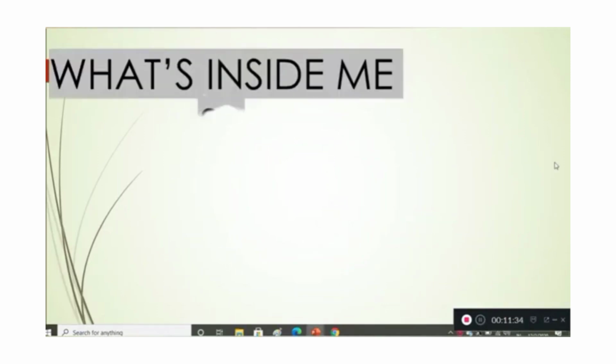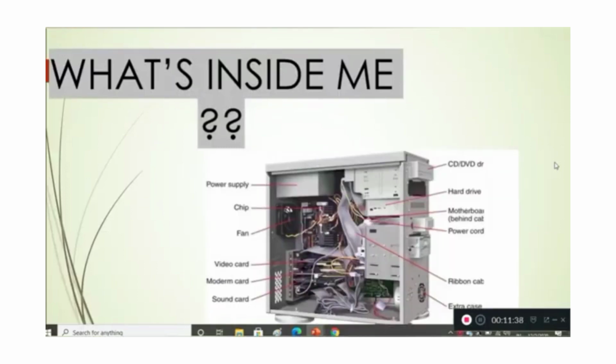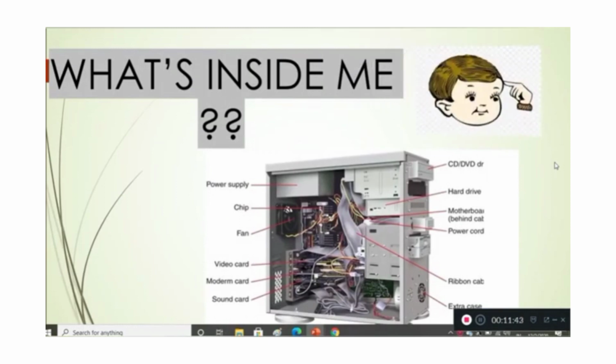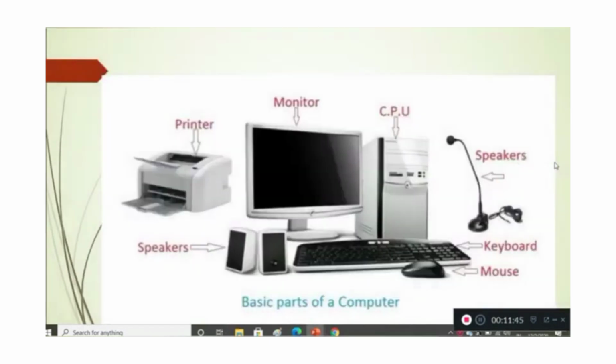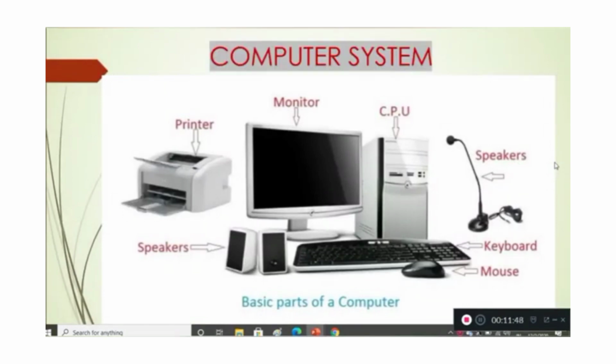Now let's have our summary. A computer cabinet consists of various components of the desktop computer, and it is available in a variety of shapes and sizes. The power supply unit in the computer cabinet passes electric current through the computer.